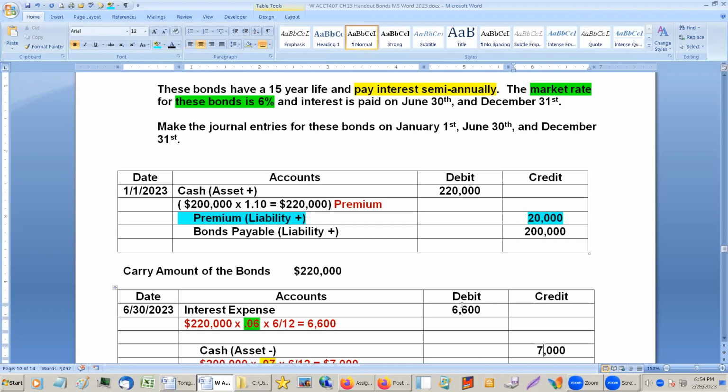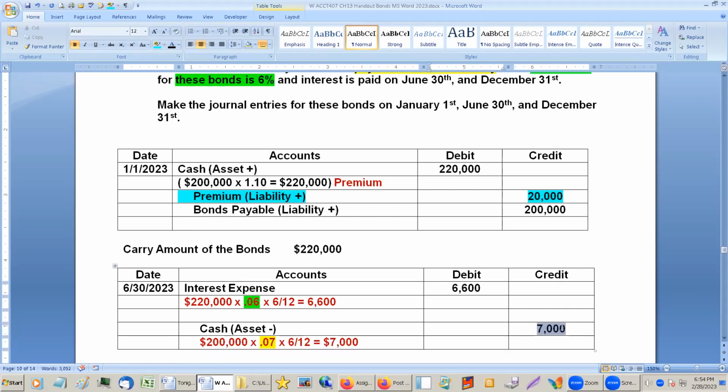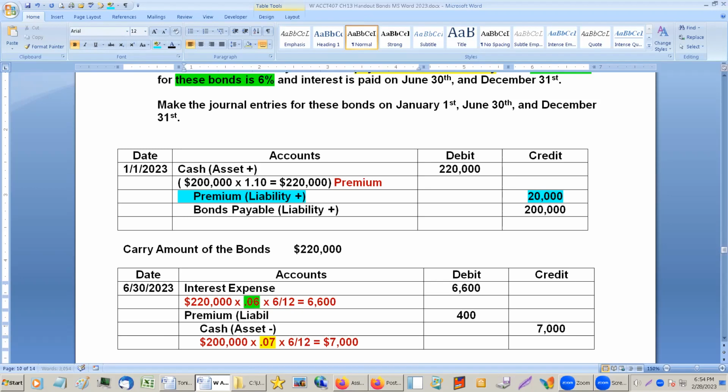Now you'll notice we're paying out more than they're asking for. They're asking for 6,600. That's what they would get for this kind of a loan, 220,000 at 6%. We're paying out 7,000. So there's a difference there of 400. This is where that premium comes in. So this is a premium, it's a liability.